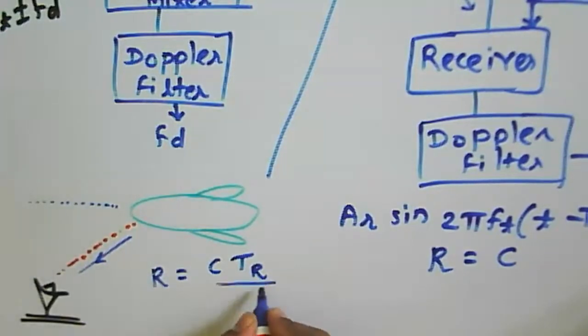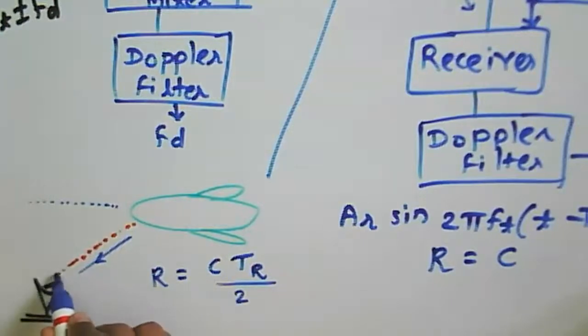So that's why we say c t R over 2, where the time is the time from transmitting as well as receiving. So that is the transit time. So how much is the t here?